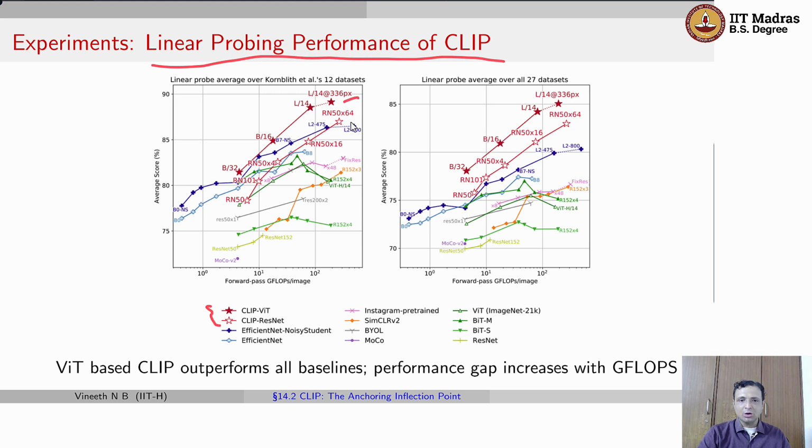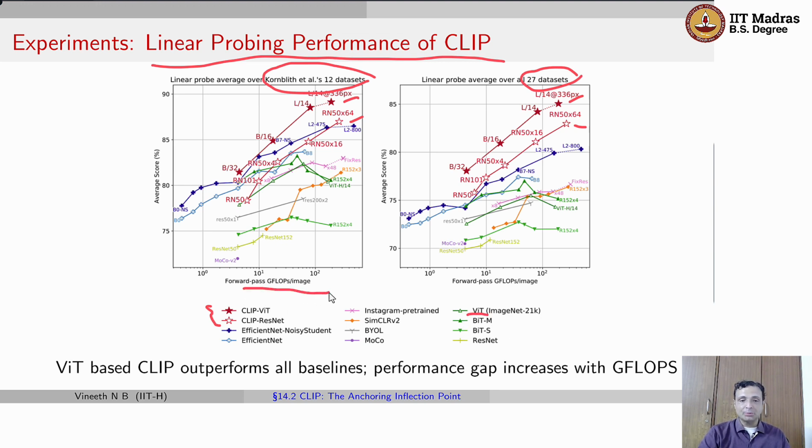You see that they are on top in both the experiments, in 2 different cases, one on Kornblith et al.'s 12 datasets and the other on the 27 datasets that we saw on the previous slide. In both these cases, CLIP outperforms pretty much all the baselines, which are standard baselines like EfficientNet and so on and so forth, including even ViTs.